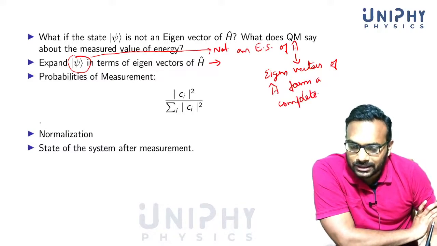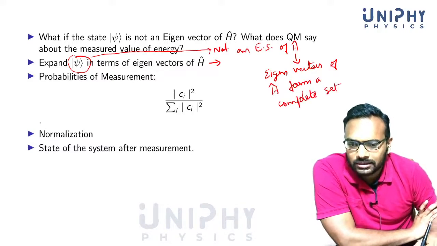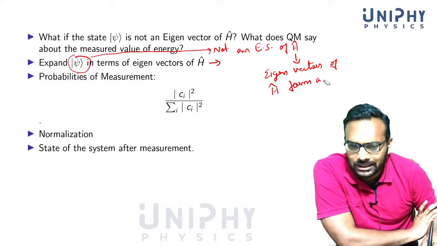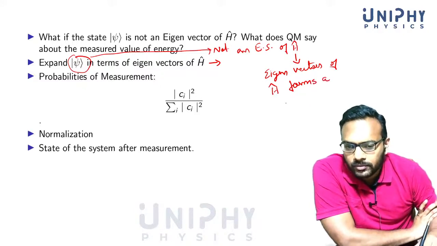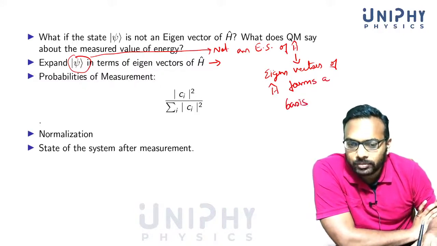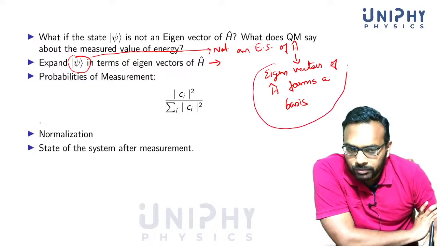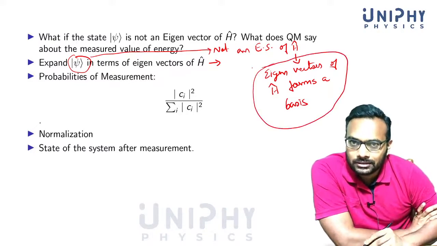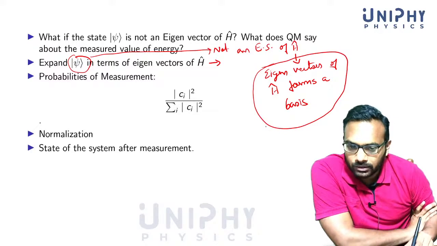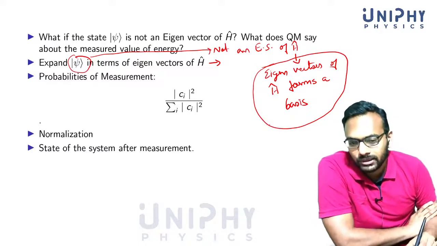I just mentioned this property, a complete set, or it forms a basis. We don't go into the details, a complete set of basis vectors. We know this property of Hermitian operators. The Hamiltonian is a Hermitian operator.